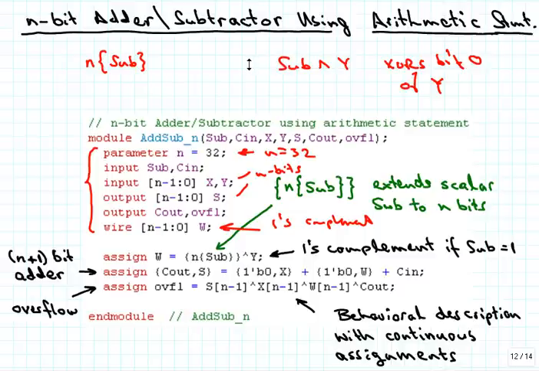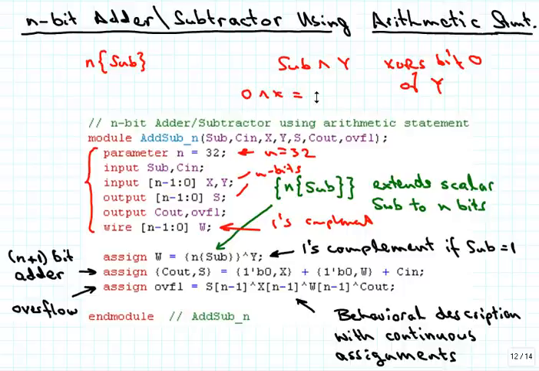But the SUB is only going to be the least significant bit in here. Everything else gets padded with 0. And if we pad with 0 in an XOR, 0 XOR with x actually gives us x back.